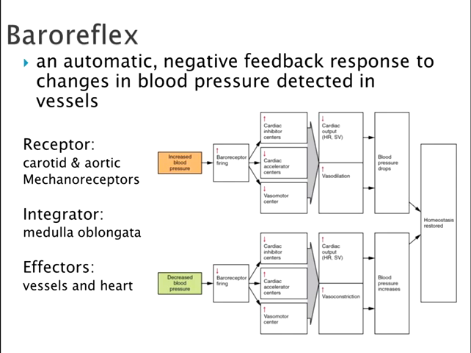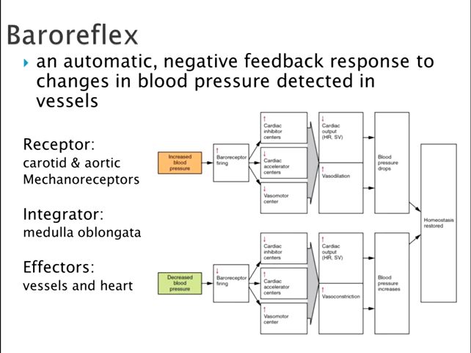So if I increase inhibition, I'm going to slow heart function down in order to bring my heart rate, my stroke volume, all the things to lower blood pressure. Think about it as a feedback loop. High blood pressure says we need to activate the mechanisms to lower blood pressure. Low blood pressure says we need to activate the mechanisms to increase blood pressure.